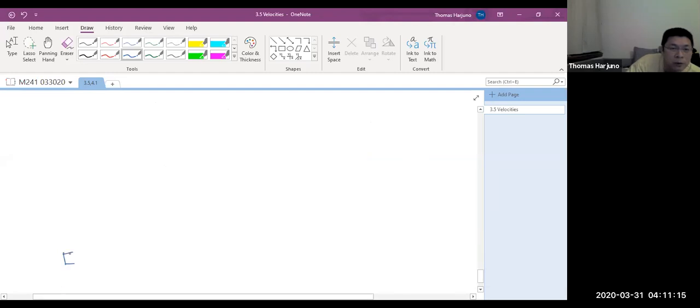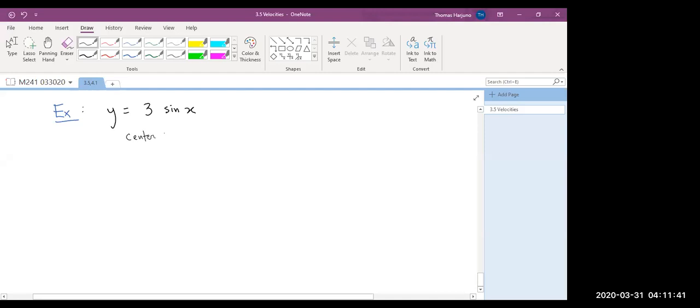For example, if I have y equals to, let's say, 3 sine x, then what's the center? 0. Center is 0. How about the amplitude?